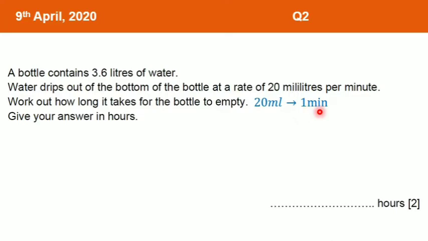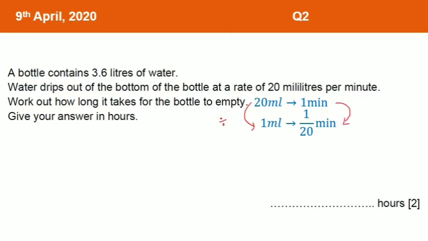So let us find the rate for 1 millimeter first. It will be 1 millimeter will be 1/20 minute, because what do we do from 20 into 1? We divide by 20, right? So from 1 also we need to divide by 20, so it will be 1/20.